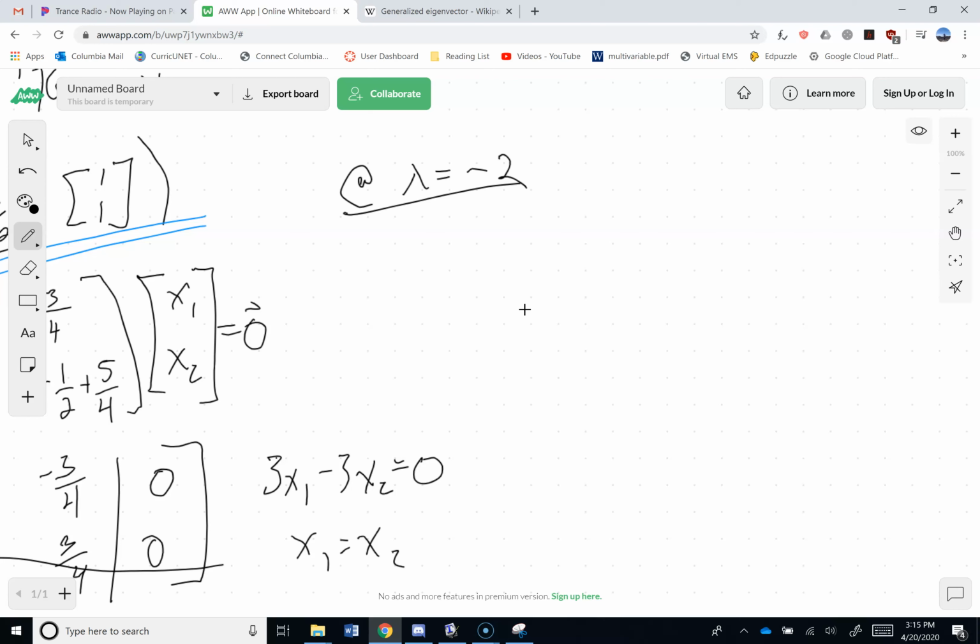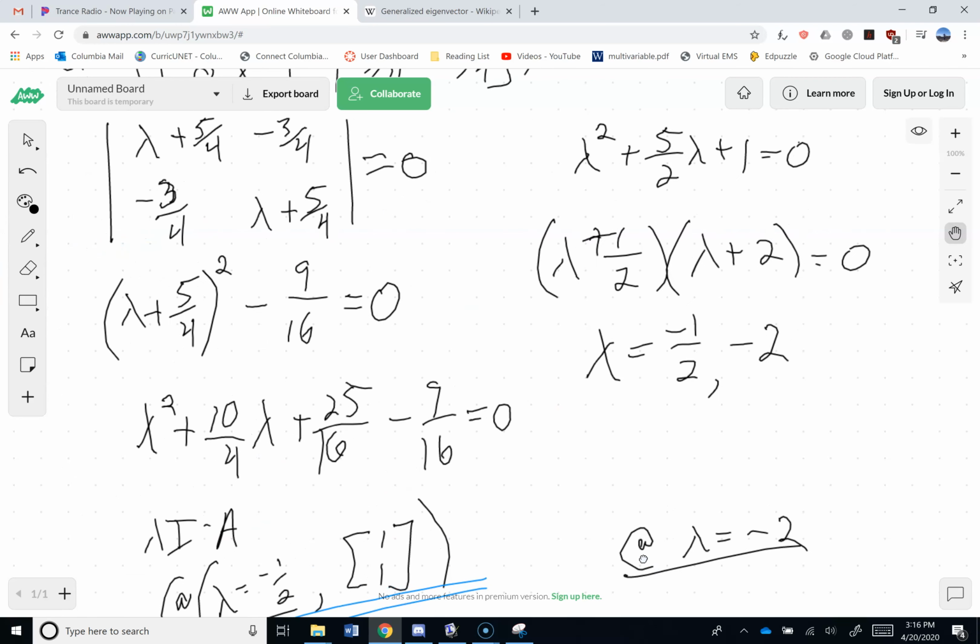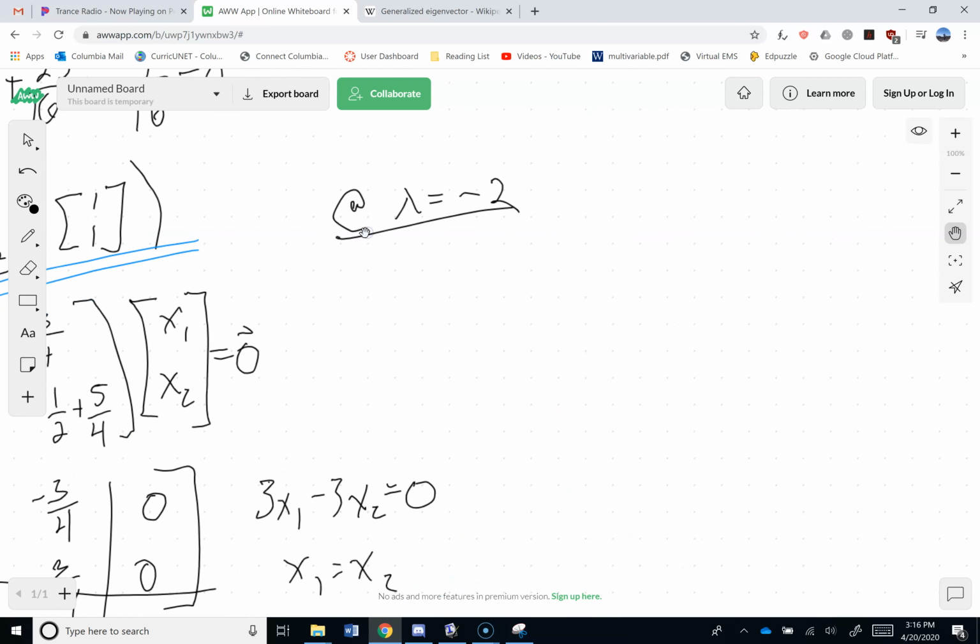Alright, so then when lambda is -2, I have... Oh, what was my matrix again? I'm going up and looking. Okay. So then I have -2 plus 5/4, -3/4, -3/4, and -2 plus 5/4.